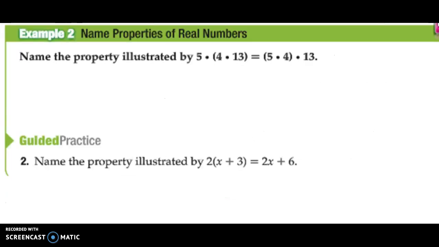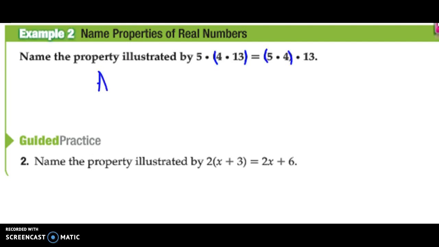So let's look at example number 2 real quick and see which property is used. Well, 5 times 4 times 13 is the same as 5 times 4 times 13, with the grouping changed. So which one of our properties says that I can change my grouping symbols and I still get the same thing?